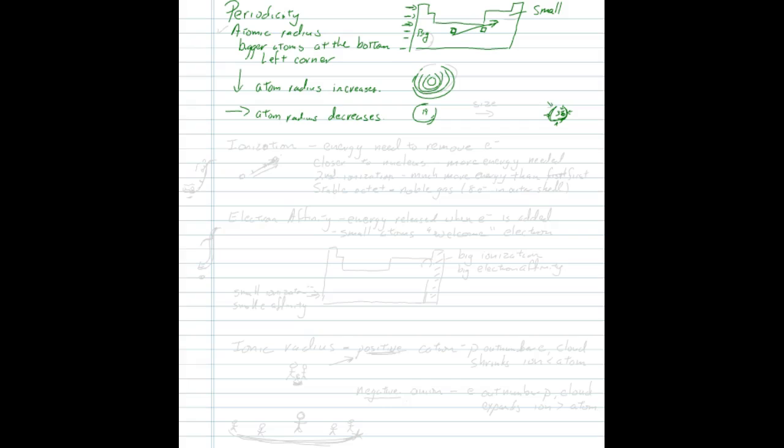It's nowhere near as dramatic as the layers, but there is an effect, so the size decreases as you go from left to right. So atomic radius is a trend where the biggest atoms are in the bottom left-hand corner, and the smaller atoms are in the top right-hand corner.